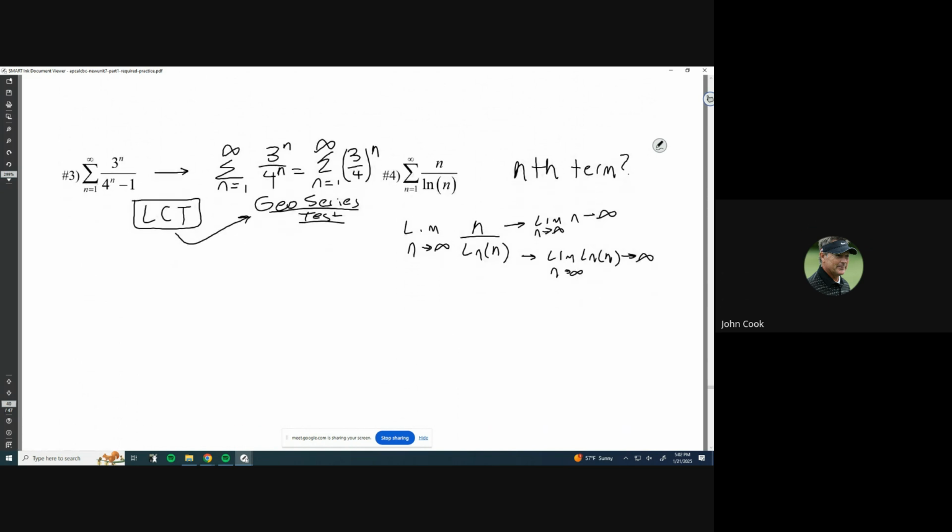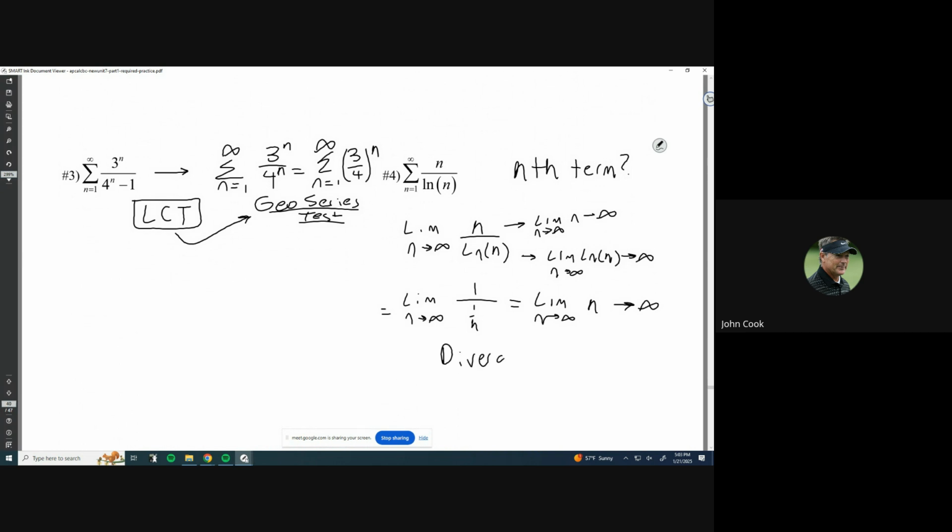So I could use L'Hopital's rule for this one. I'd rewrite it as the limit as n goes to infinity of, the derivative of n, which is just 1, over the derivative of natural log of n, which is 1 over n. If I multiply by the reciprocal, I get n. So limit as n goes to infinity of regular old n, and this will go to infinity. So obviously this thing is going to diverge.